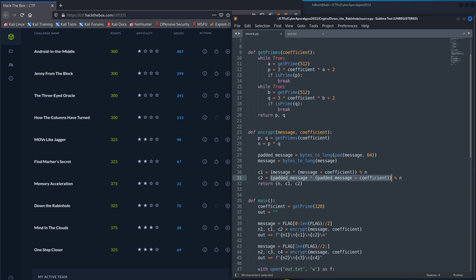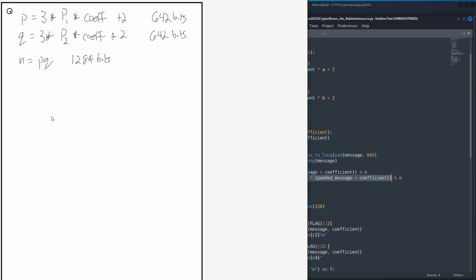And if we take what that is, so we have, say, C1 is equal to M1 times M1, what was it, plus the coefficient. That's basically just a quadratic equation, m1 squared plus the coefficient sub 1 minus c1 equals 0.